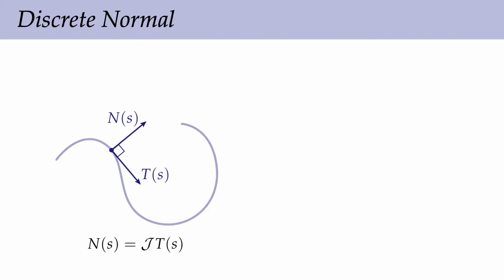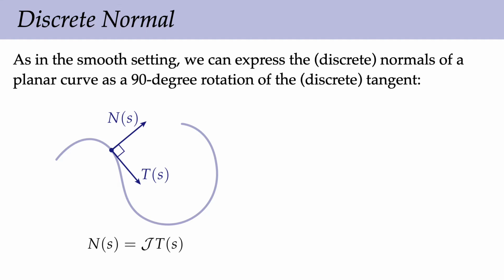Okay, so how did we describe the normal in the smooth setting? We said, well, we could think of it, at least in the plane, as a 90-degree rotation of the tangent. Right? And I have to pick a convention. Do I think about the counterclockwise rotation or the clockwise rotation? Right? But once I've picked this convention, it's not hard to write down the normal.